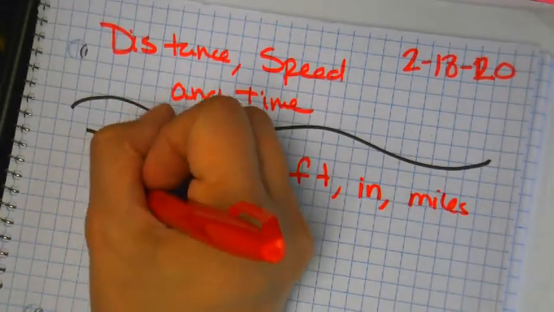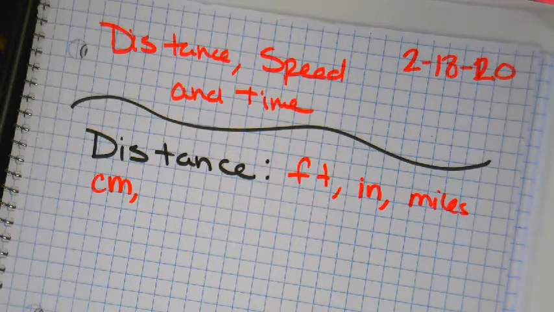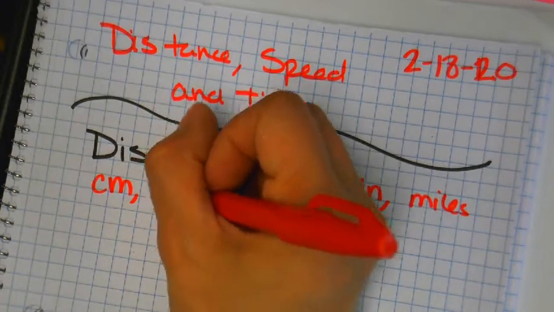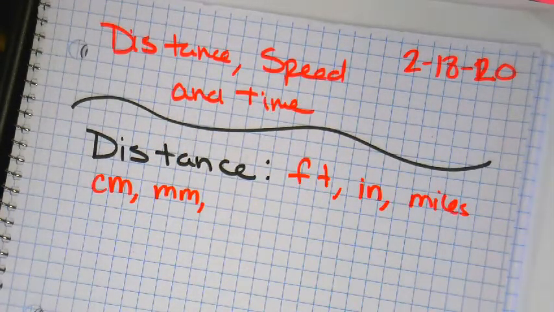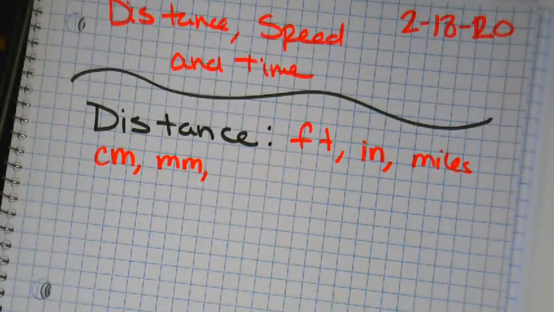Centimeters. What else? Oh, look, we're writing this down. Millimeters, right? We can measure how far the snail crawled in a minute.